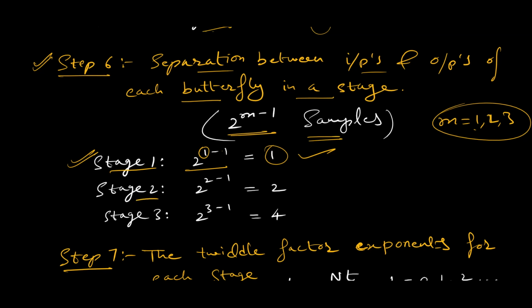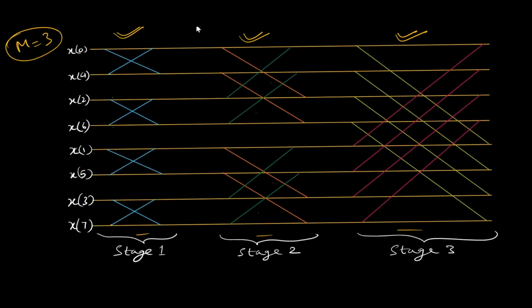Likewise, for stage number 2 inputs or outputs are separated by 2 samples. For stage number 3 your inputs and outputs are separated by 4 samples. If you see this diagram, we have separation between input stages by 1 unit, or 1 sample.